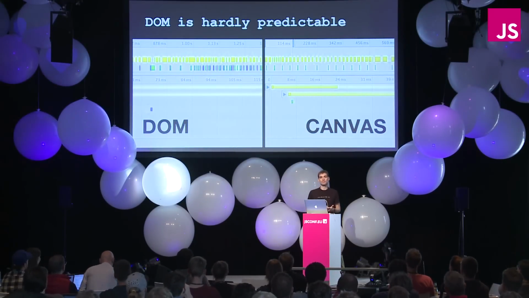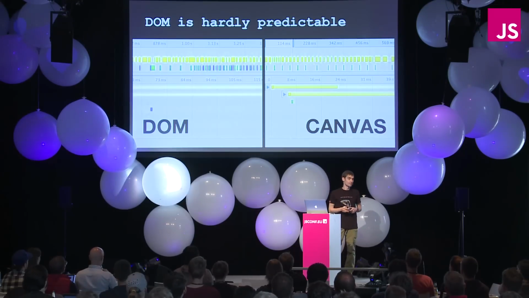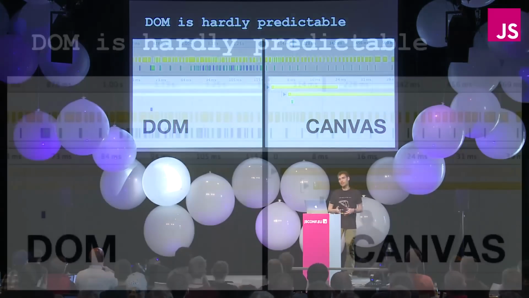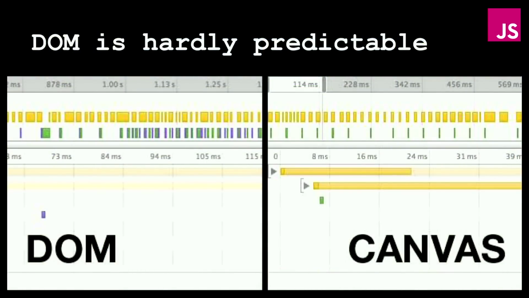Yes, one more problem. The DOM is hardly predictable. Browsers are quite smart. They are too smart sometimes. On the diagram, there is the same component being rendered in DOM and Canvas with the engine which allows switching from DOM to Canvas. And what we see is that in the DOM, it's hardly predictable. You can hardly predict when the browser re-renders.